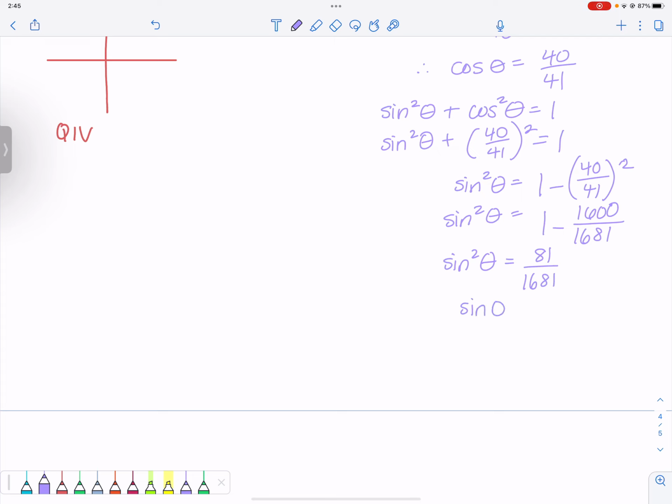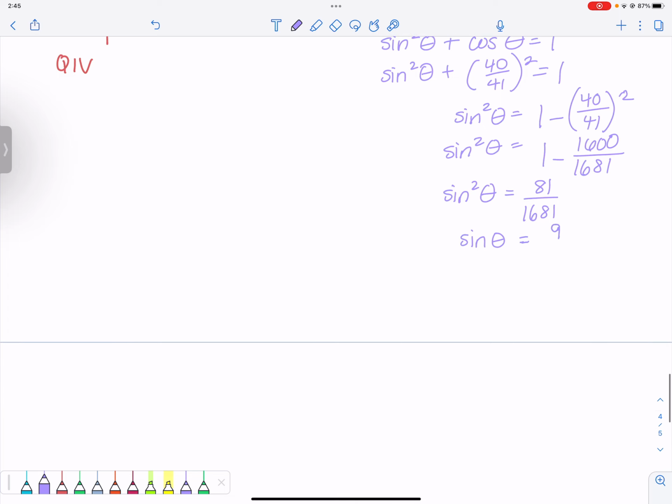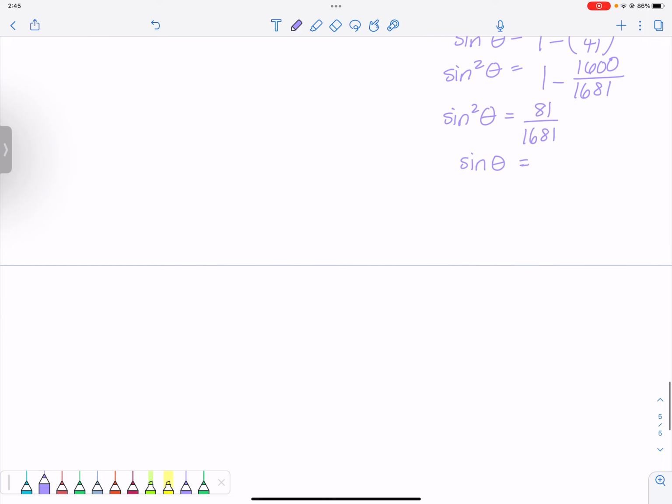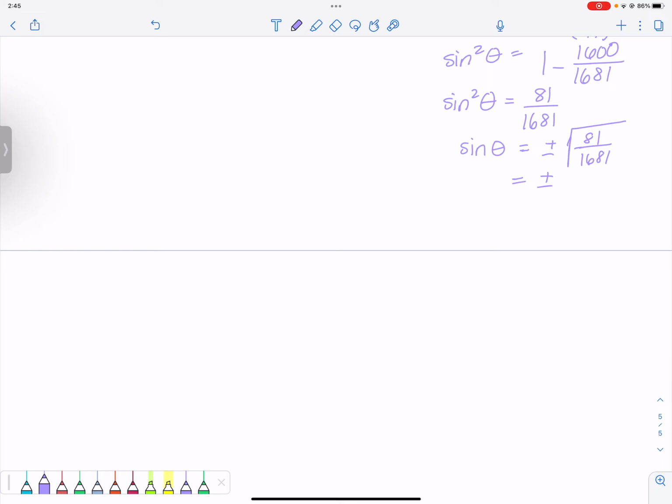So if we take the square root of both sides, we will have plus or minus the square root of 81 divided by 1681, plus or minus 9 divided by 41. Now we have to decide which one that we will choose, plus or minus 9 divided by 41.